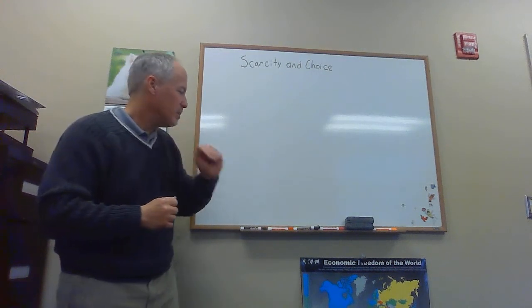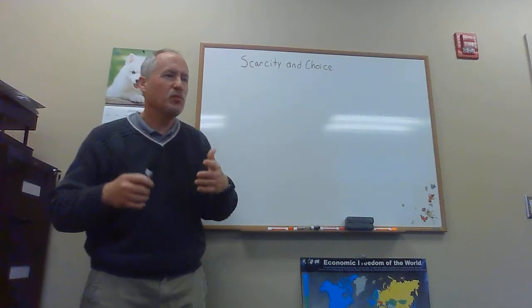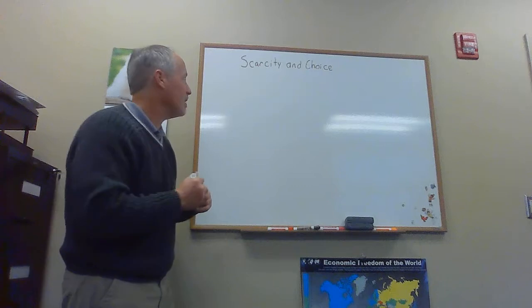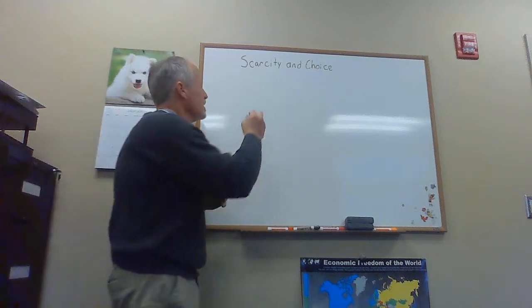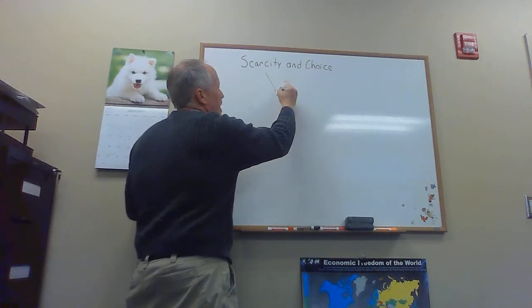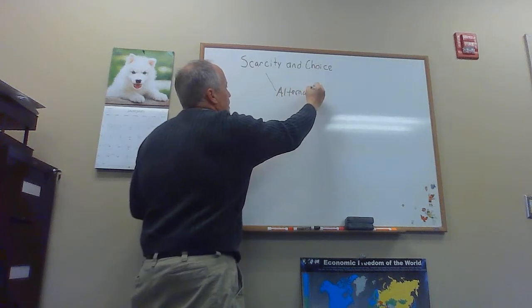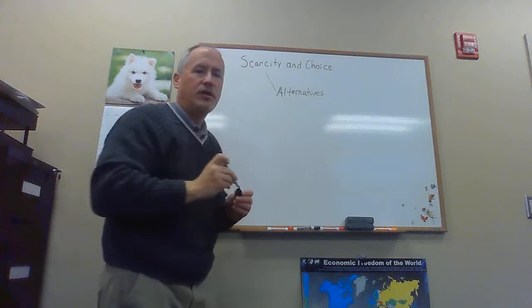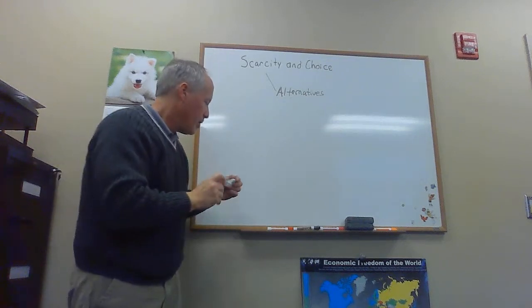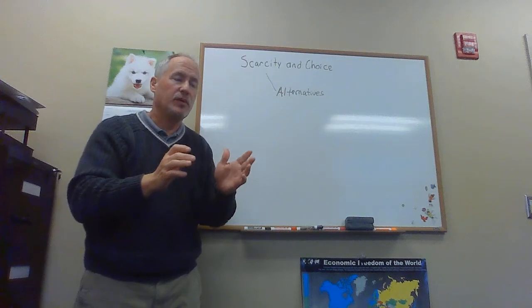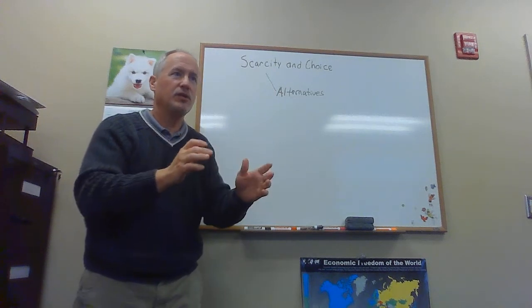Now, sometimes we want to say that scarcity leads us to have to make choices, but there's actually something more we need to have in here than just scarcity, and that's alternatives. We have a lot of different goods and services that could be produced. We have resources that could be used to produce them.